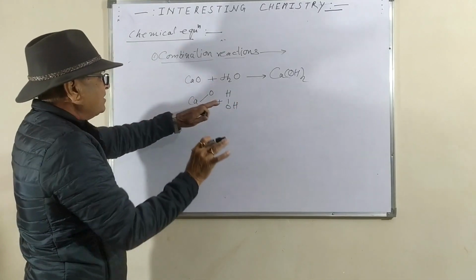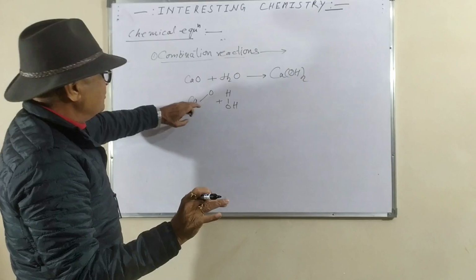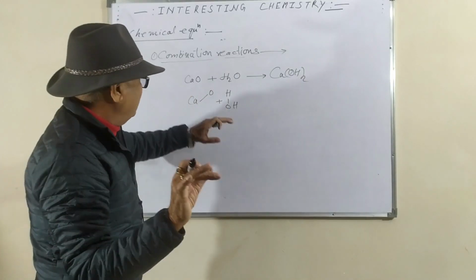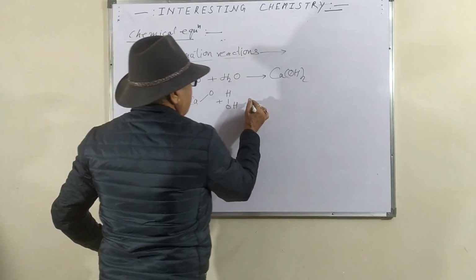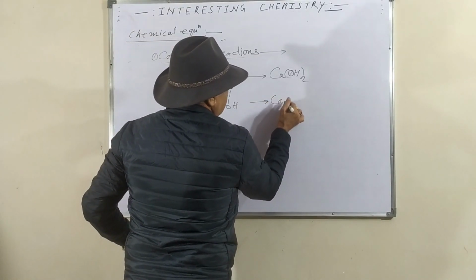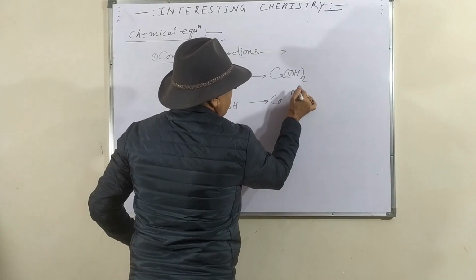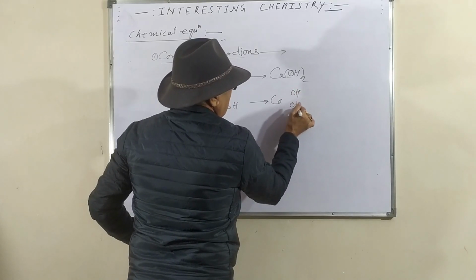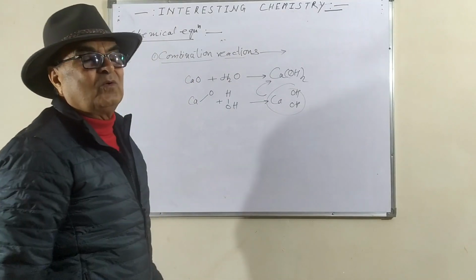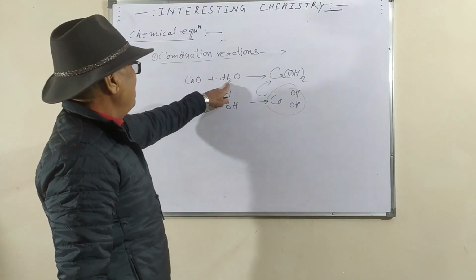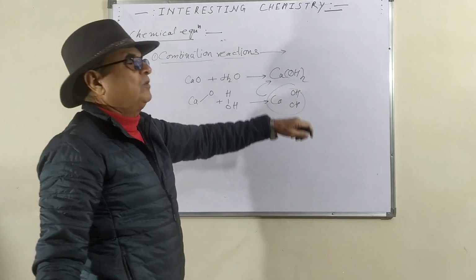Try to understand this. This O will combine with the OH, so this calcium will join with both the OH. Here OH, here OH. You can write it like this, calcium hydroxide. So CaO plus H2O is equal to Ca(OH)2.